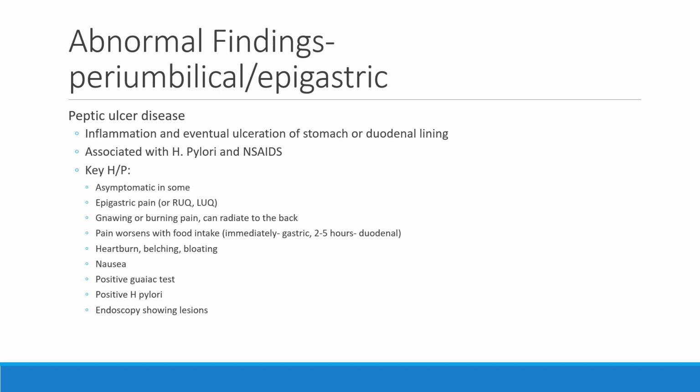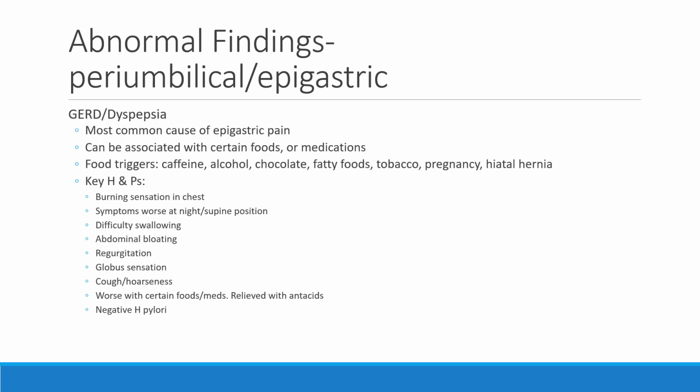We see it worsen with food intake. So if it is a gastric ulcer, that's immediately following food intake. And if it's a duodenal ulcer, this can occur 2 to 5 hours after eating. These patients can have heartburn, belching, bloating, nausea, positive guaiac stool test, positive H. pylori, and endoscopy is needed in these patients.